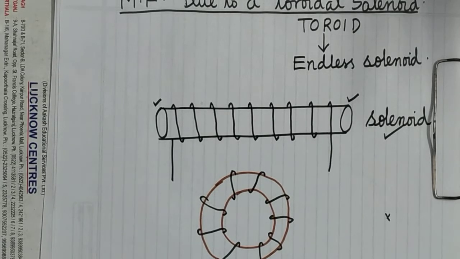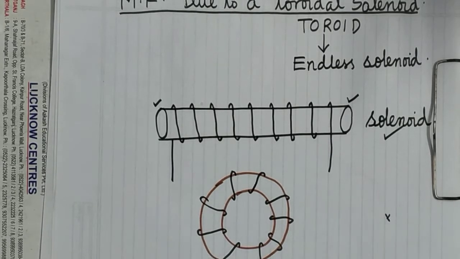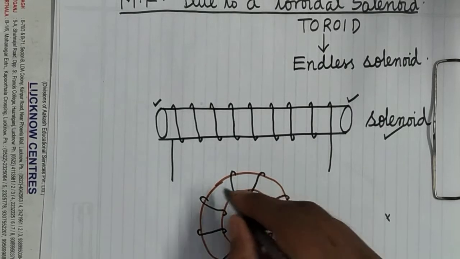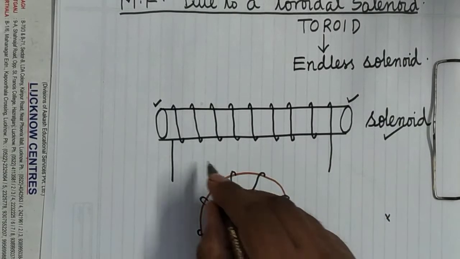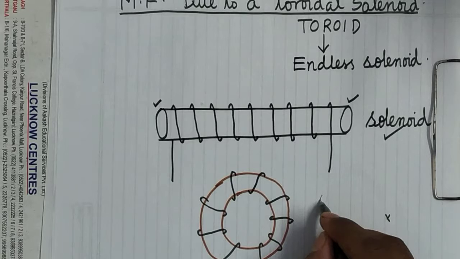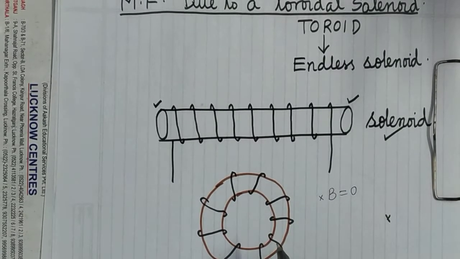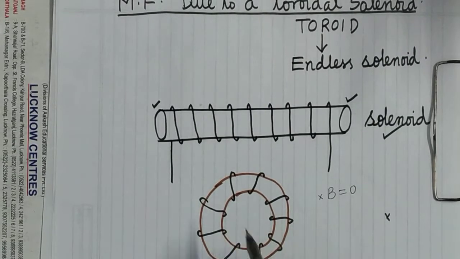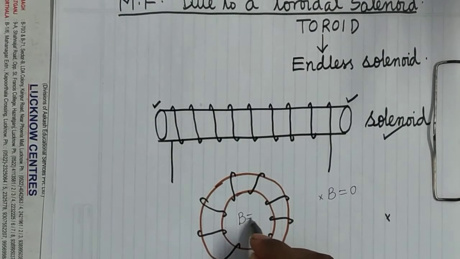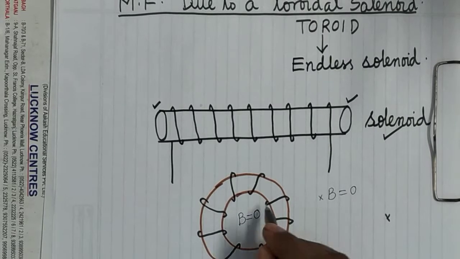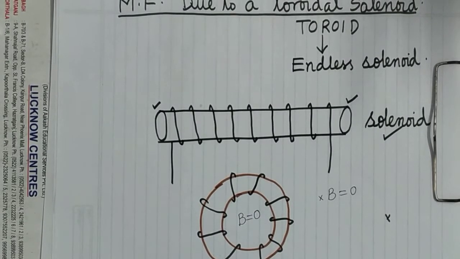First see where it will set up the magnetic field. Outside the toroid, in this region, it will not set up any magnetic field. The magnetic field will be zero. Within the empty space enclosed by the toroid, there will be no magnetic field.